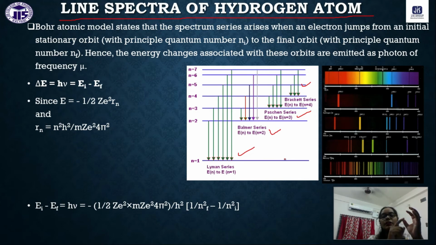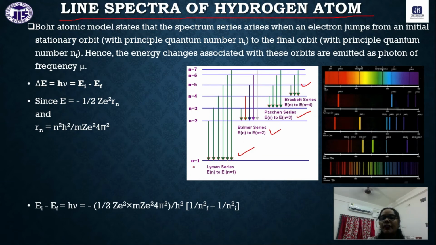Whenever that electron changes its orbit, at that time the energy will be emitted or absorbed, depending on which orbit the electron is transferred to. While the energy is emitted, we can see it as a spectrum. Thus we can have the line spectra of the hydrogen atom.